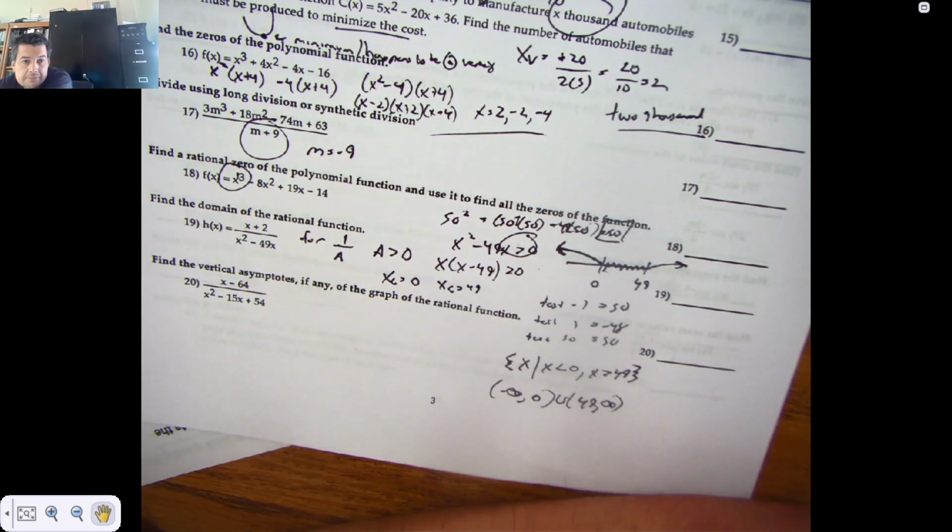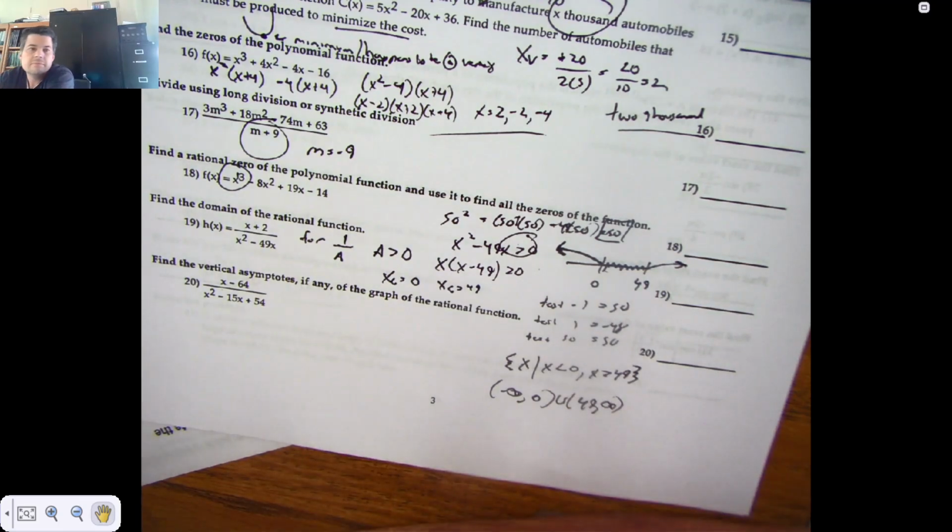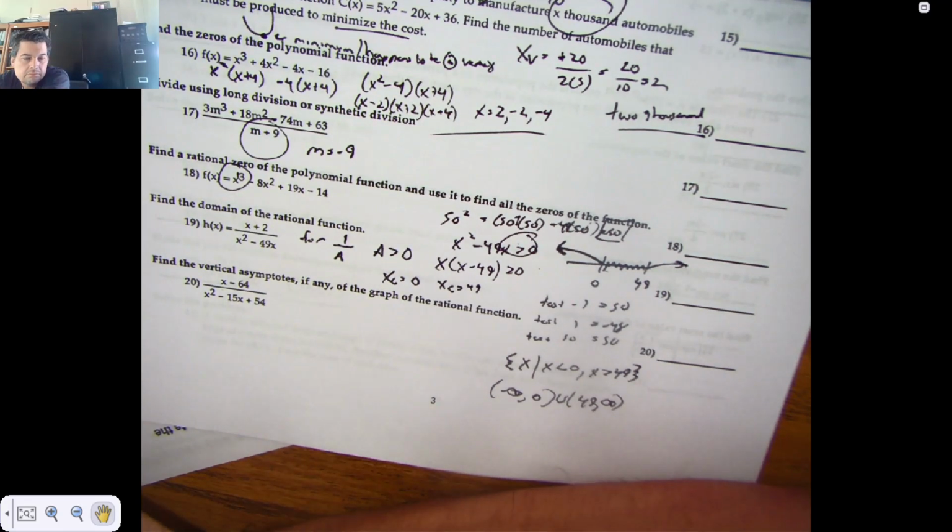Find the vertical asymptotes, if any, of the graph of the rational function. Oh, I don't think it has any, to be honest with you. Oh, yes, it does.